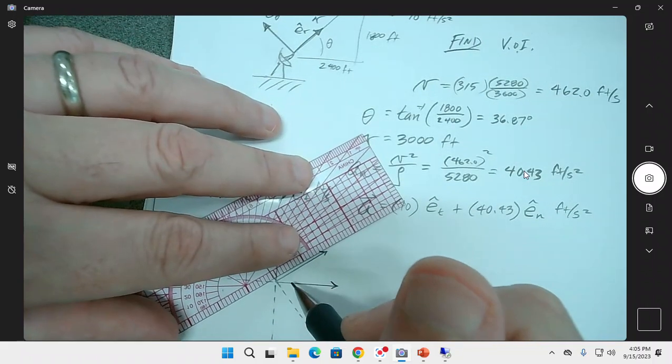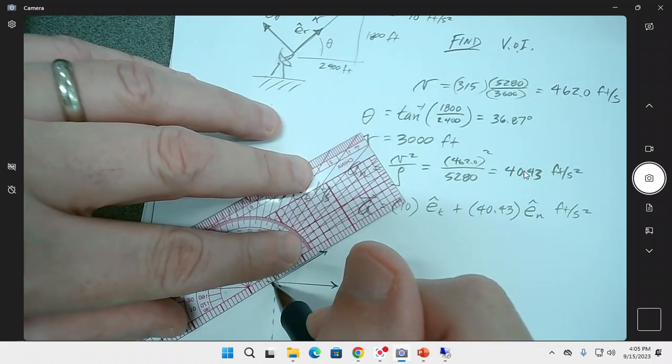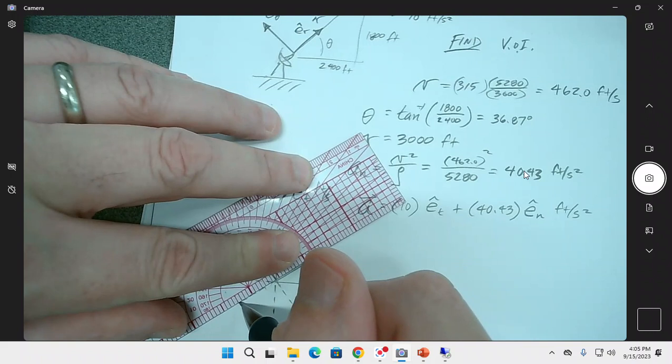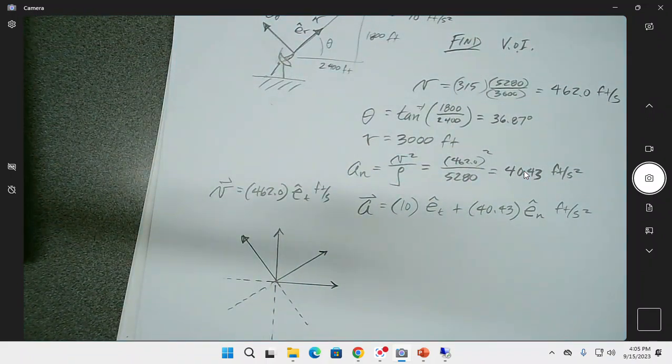I would also recognize for this problem that since the plane is perpendicular to the ground, its acceleration in the other one, not polar, Cartesian? Path. Path is the same as its acceleration in Cartesian.